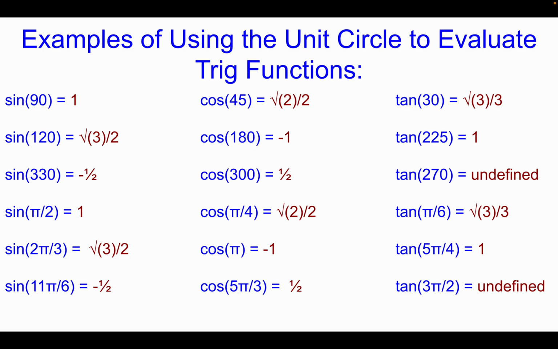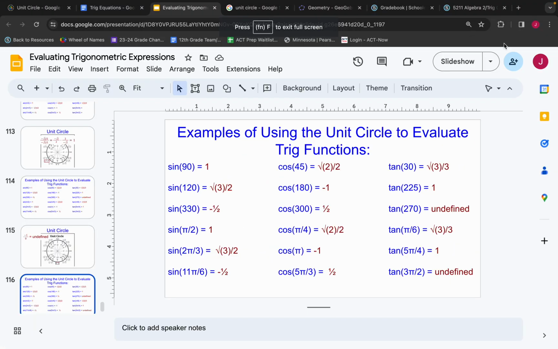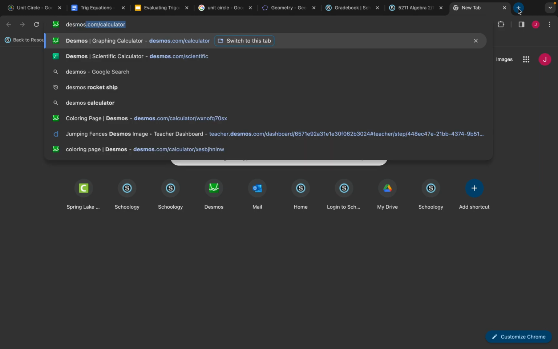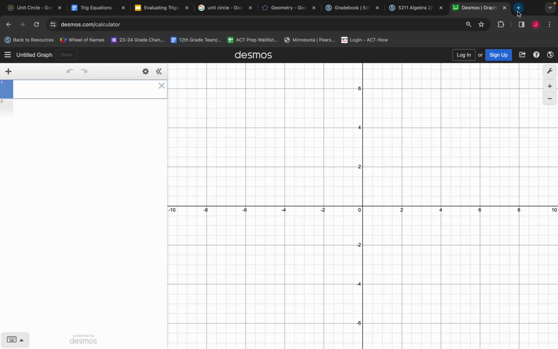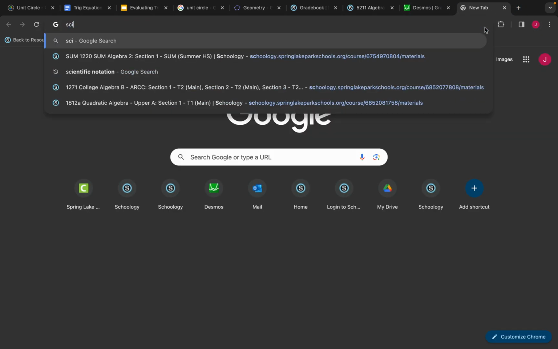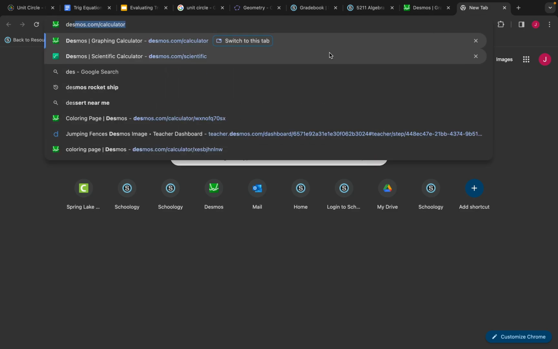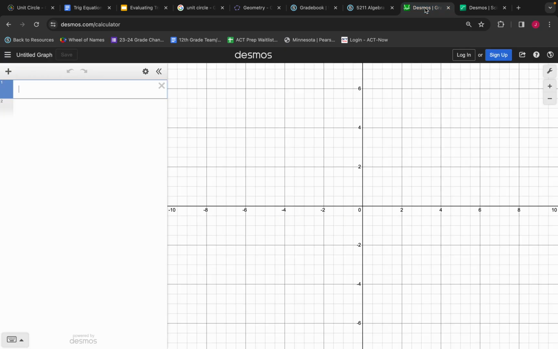I'm also just going to briefly talk about how we can evaluate these in Desmos. So let's go to Desmos here. Let's use the graphing calculator and the scientific so that you can see the difference. Here I have the graphing calculator.